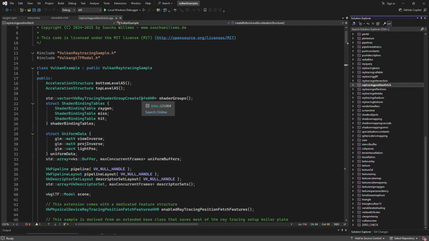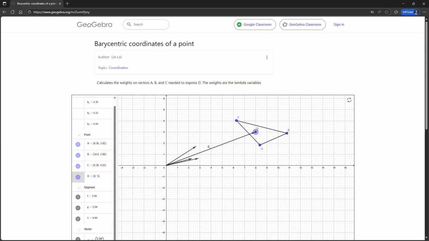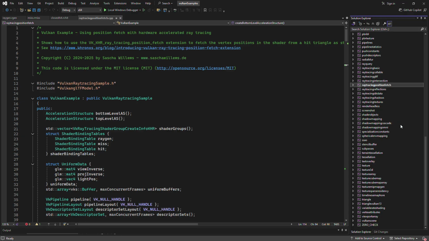But again, it's hard to really communicate this in a visual application. But with this guy, we could kind of work our way through it, right? But that is what the position fetch feature is about.